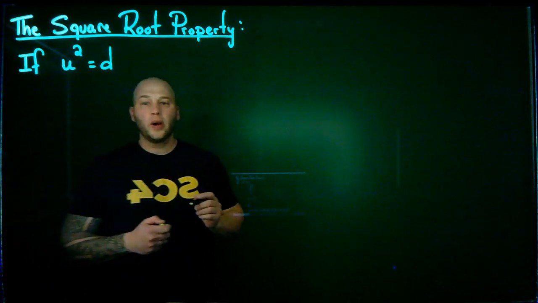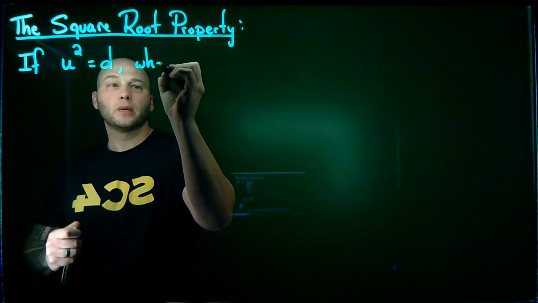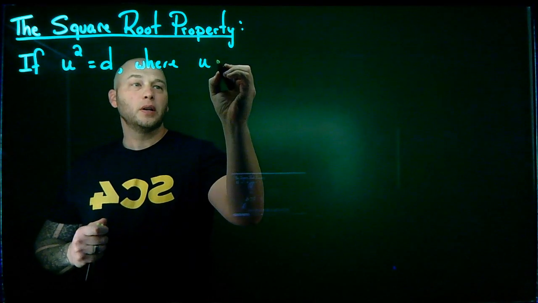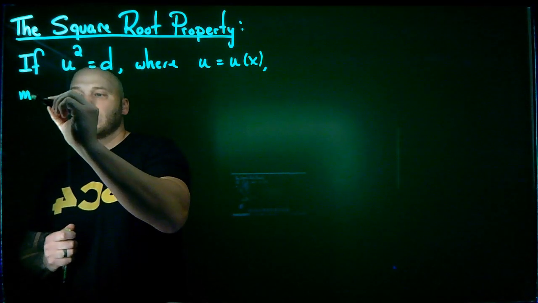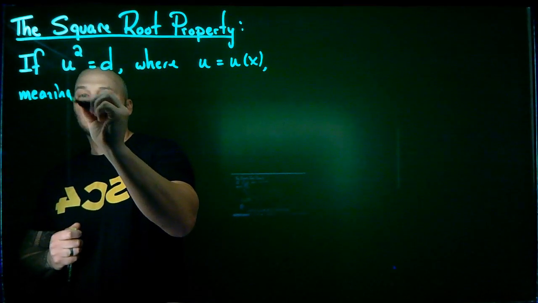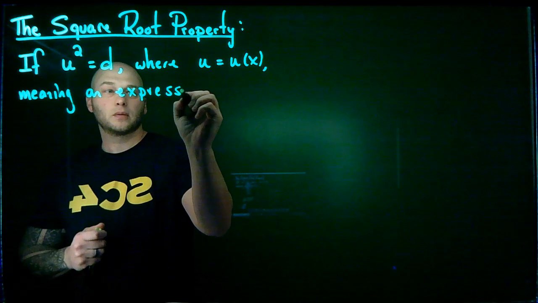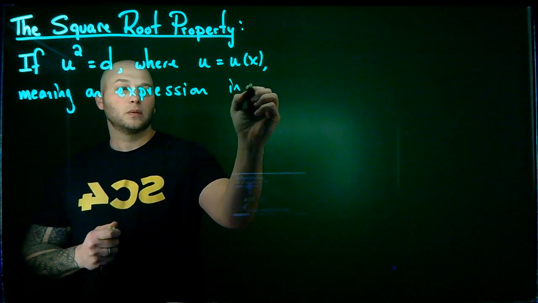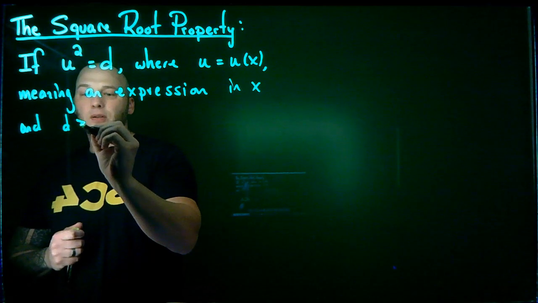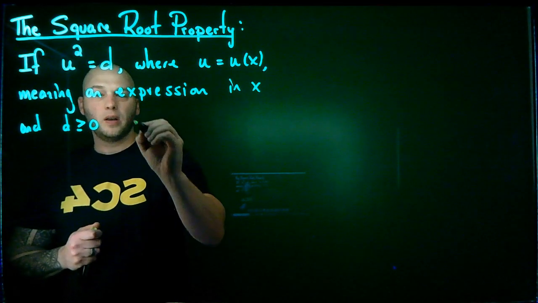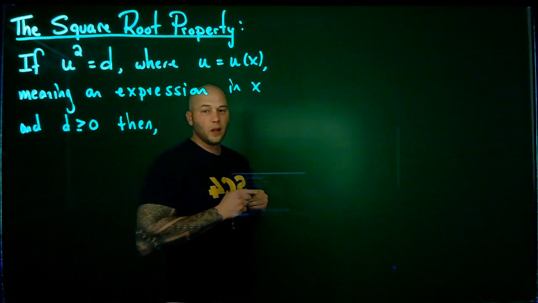If I have the equation u squared equals d, where u is equal to u of x, meaning an expression in x, and d is greater than or equal to 0, then we can say the following.